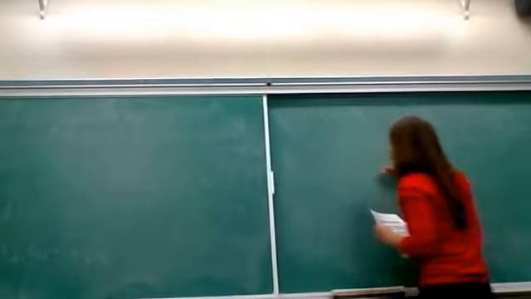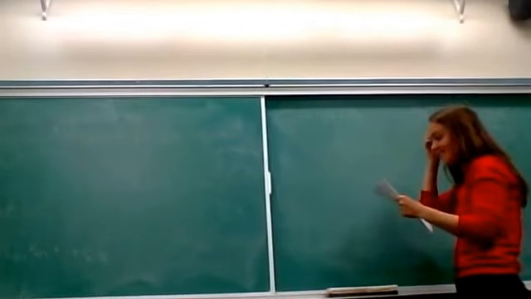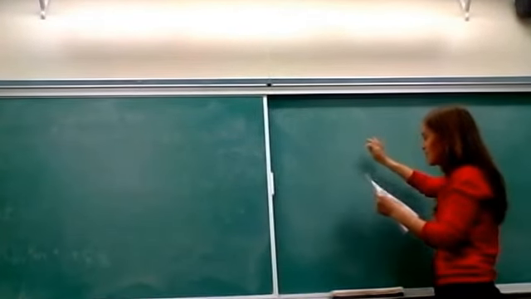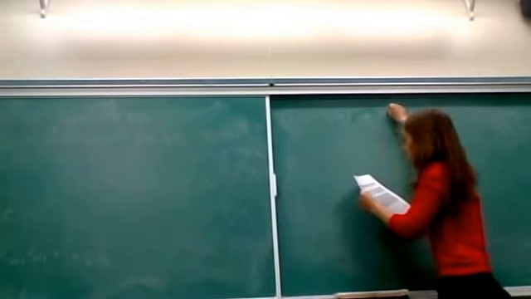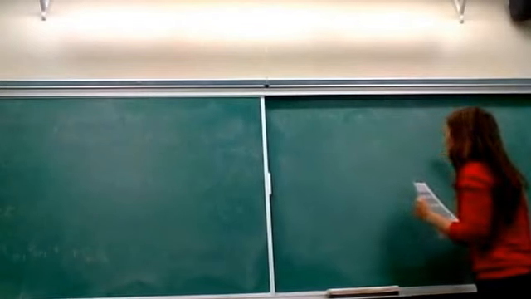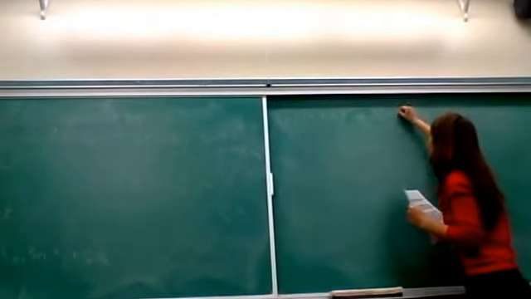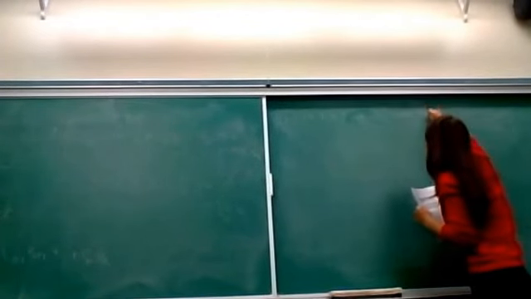Okay. So for this part in B, suppose the set of vectors U, V, W in R7 is linearly independent. So these are linearly independent.